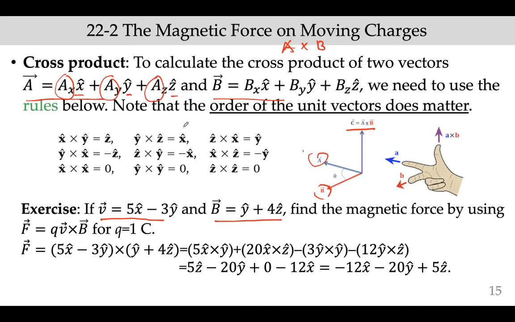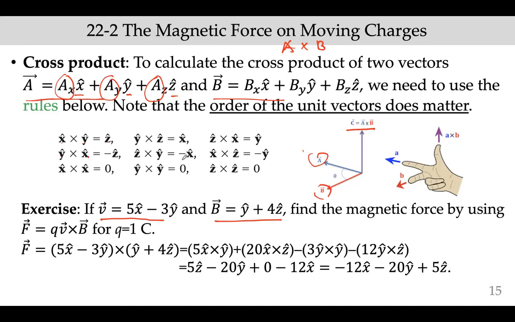So we have a couple rules here. The order of unit vectors, the order of multiplication, does matter. So it's important. For example, x cross y gives you z, but y cross x, the same thing but with the order reversed, gives you negative z.